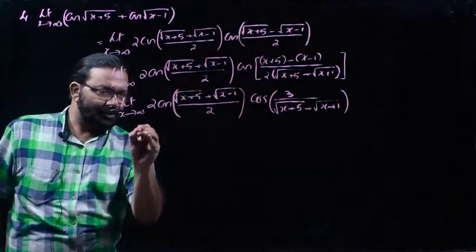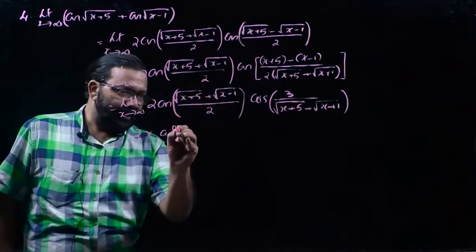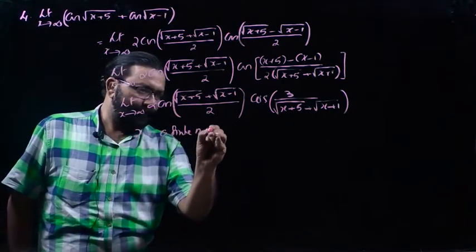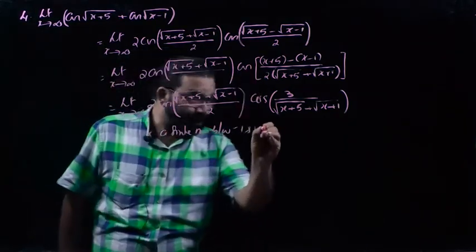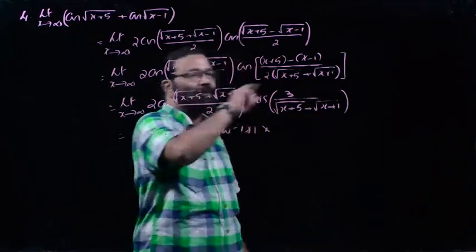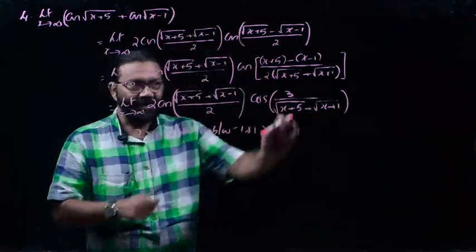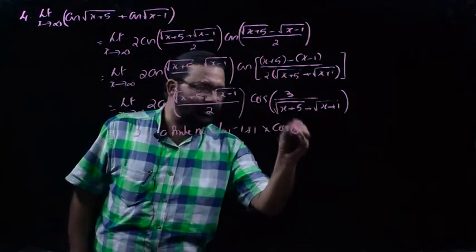Now this becomes 2, this is infinity, cos infinity is a finite number between minus 1 and plus 1, into what happens? Root of x plus 5 plus root of x plus 1 tends to infinity. 3 by infinity tends to 0. We are getting it as cos 0.